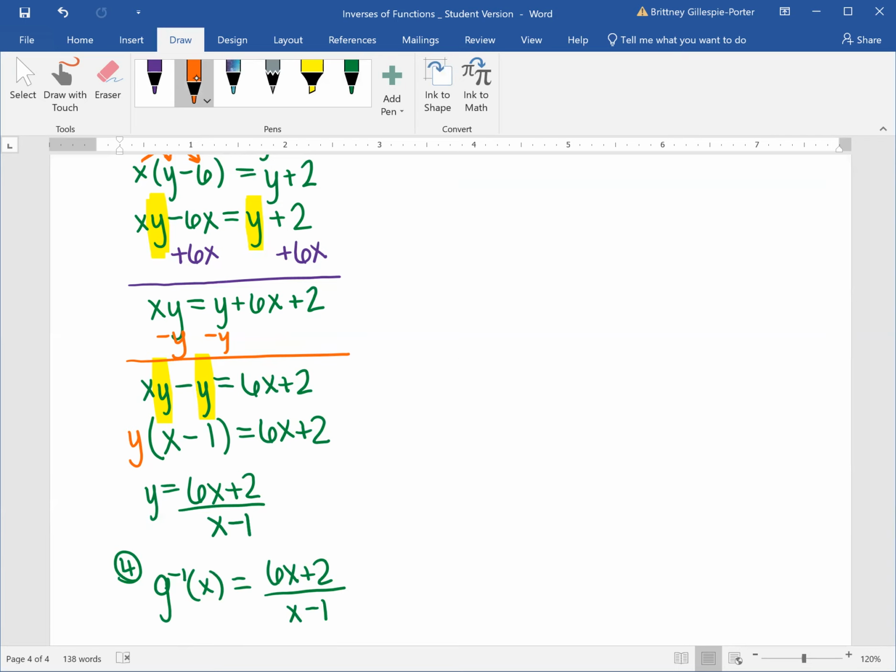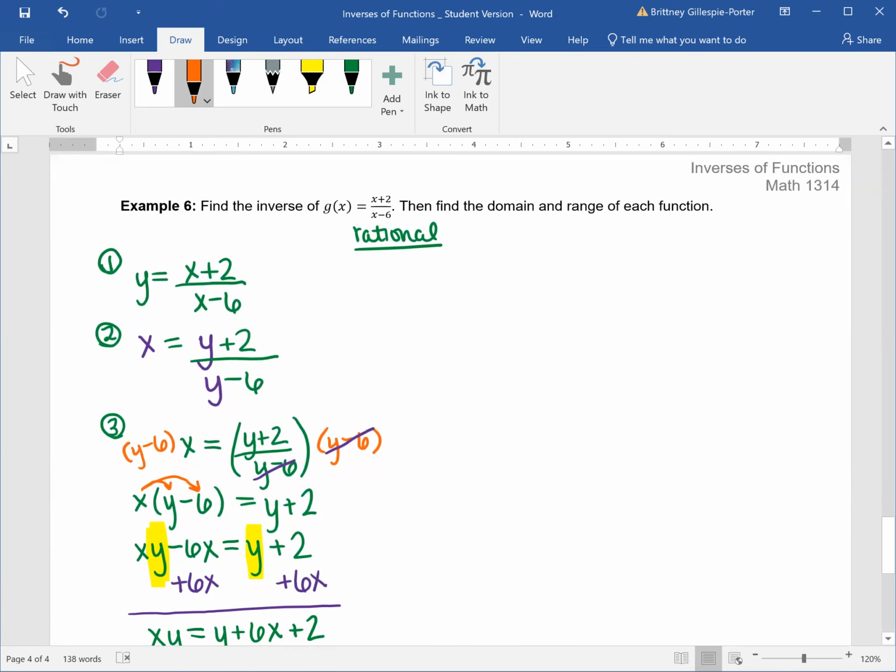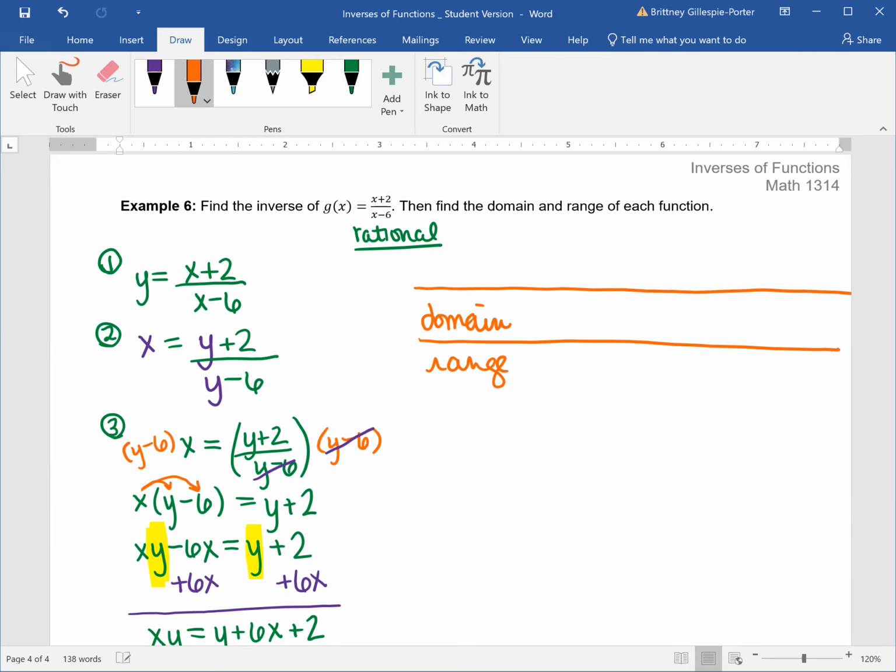Okay, so next step, last step, we need to find the domain and range of both of our functions. So I'm going to come up here, do my chart again. And because we're dealing with rationals, give yourself enough room.